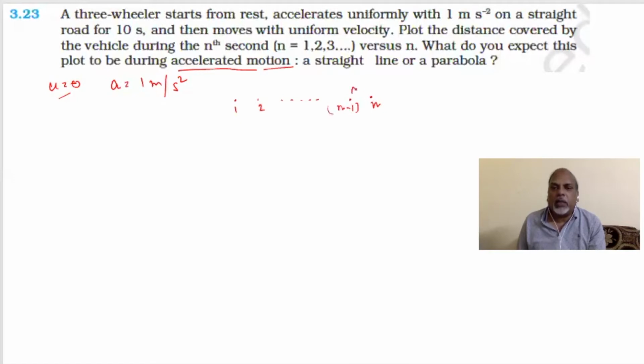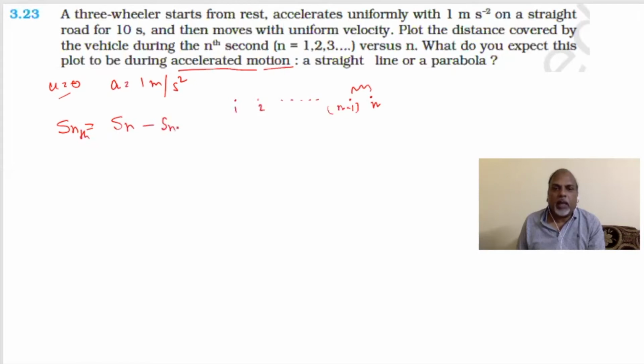So distance covered during the nth second will be nothing but distance covered by the particle in n seconds minus distance covered by the particle in n minus 1 seconds.